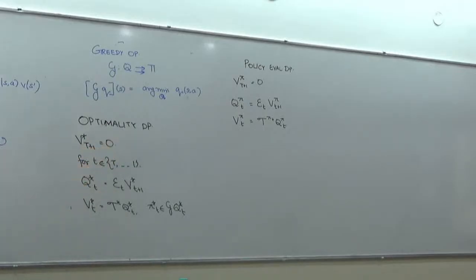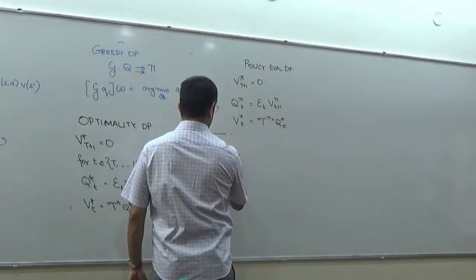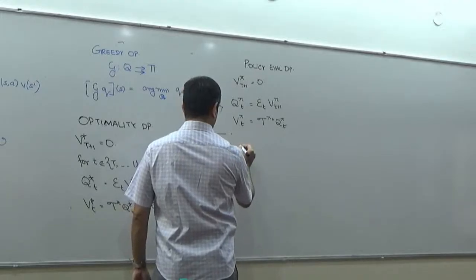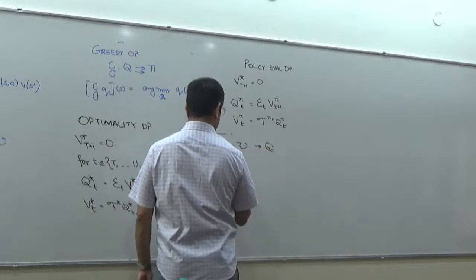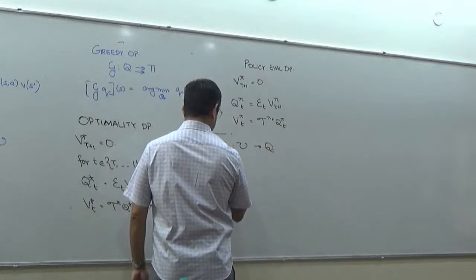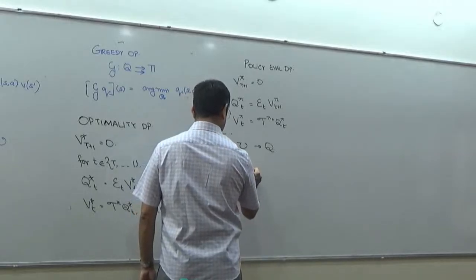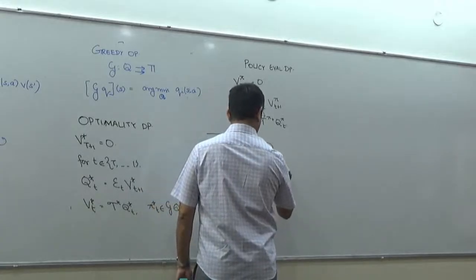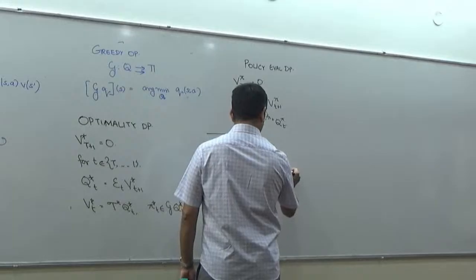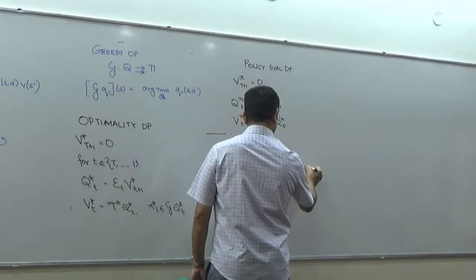Okay. Occasionally, I will use two other operators. I will use an operator script P_t, which takes a value function and gives me something in the space of q functions. P_t v evaluated at s, a is simply summation over s prime of P_t of s prime given s, a times v of s prime.